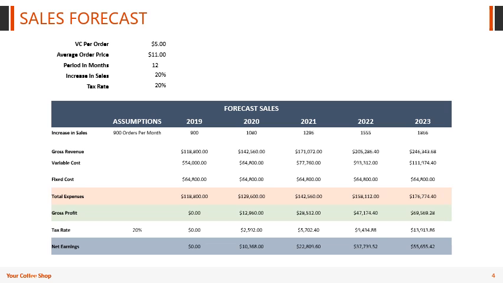There are only 2 ways this can be accomplished. We can either cut the costs or increase sales revenue by either increasing sale prices or the quantity of orders. The table presented in this slide incorporates a sales increase of 20% every year for the next 5 years, taking into consideration specific assumptions listed.